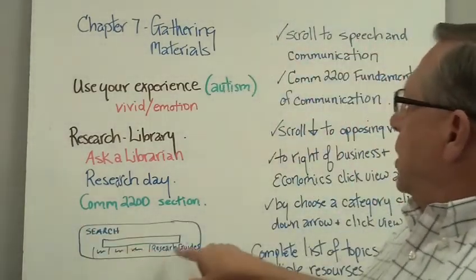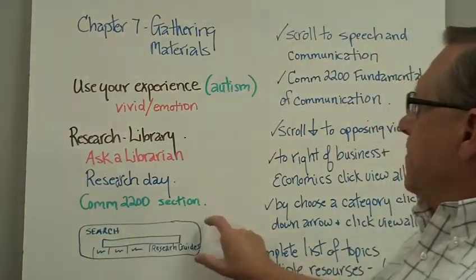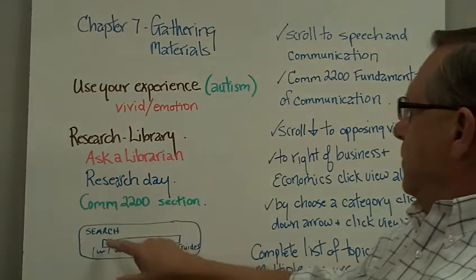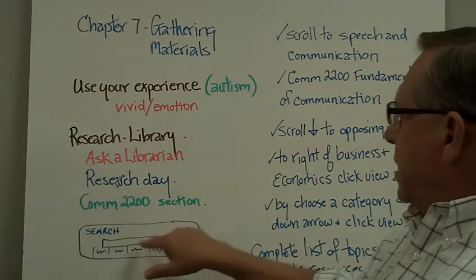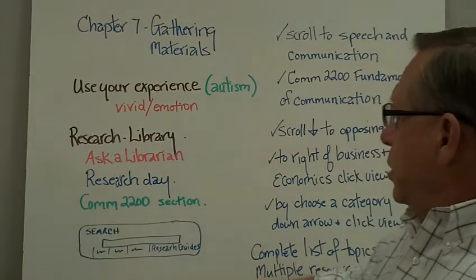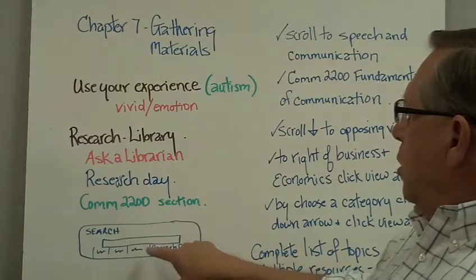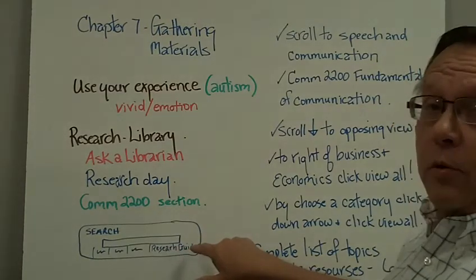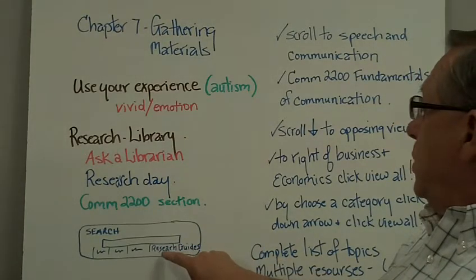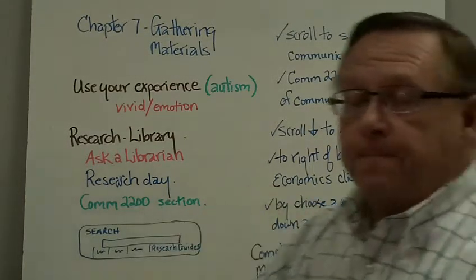When you open up the website, you'll see right in the center a search bar. There's the bar where you can type in the topic you're searching. But if you notice, right below the bar, all the way to the right, in small letters, is the word Research Guides.